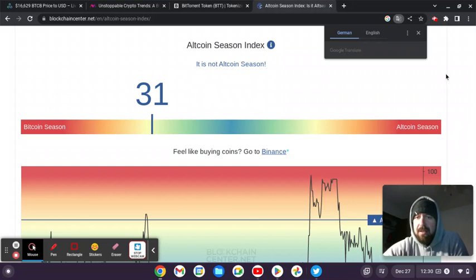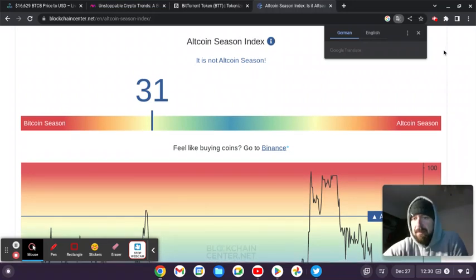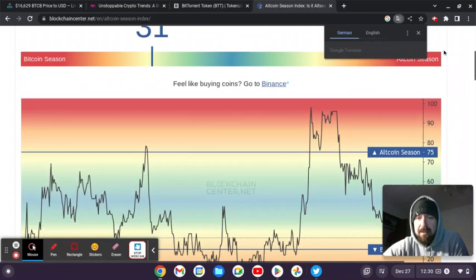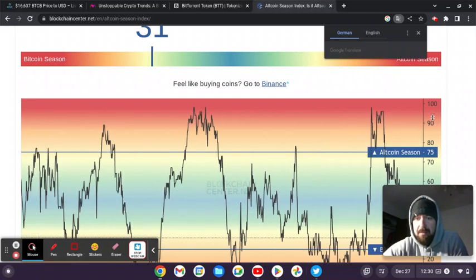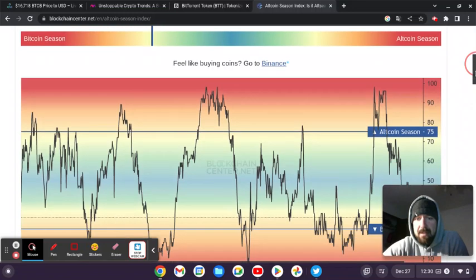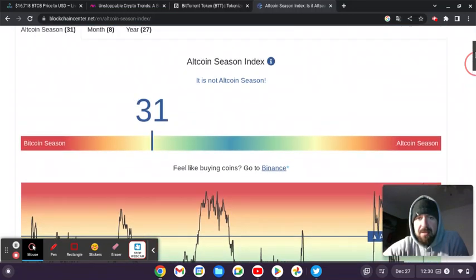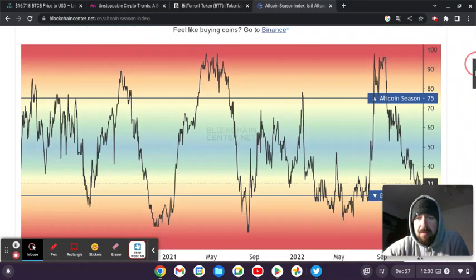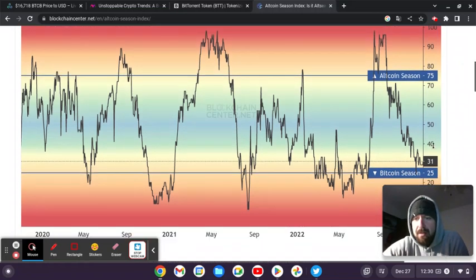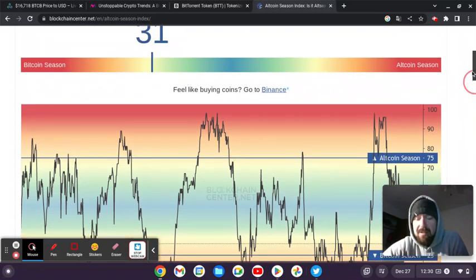For the people with the institutional type of money, right now is a great time to buy all the Bitcoin you can. But as far as people like you and me with pocket change, right now everything's basically at its bottom.